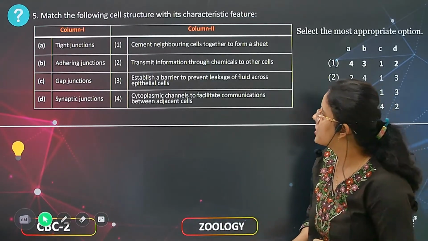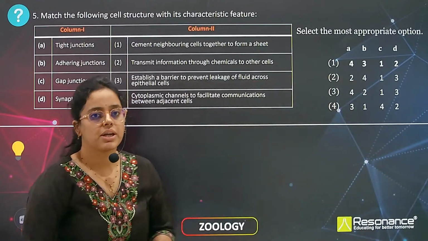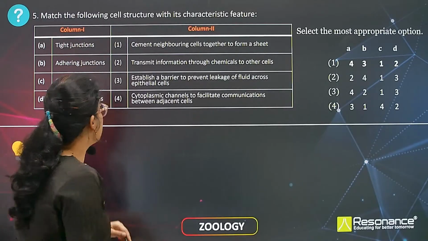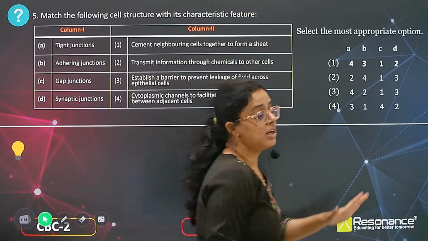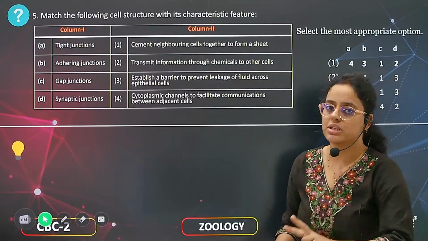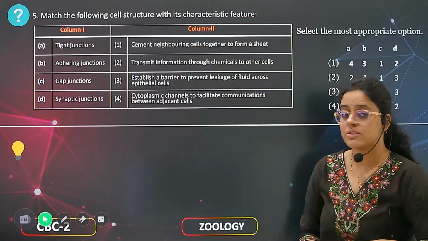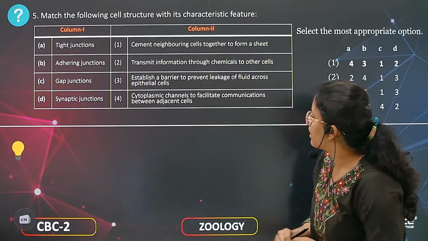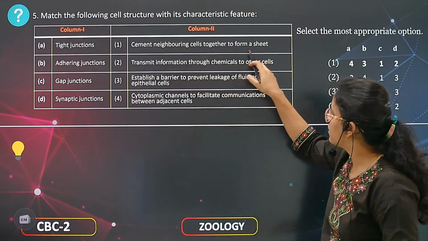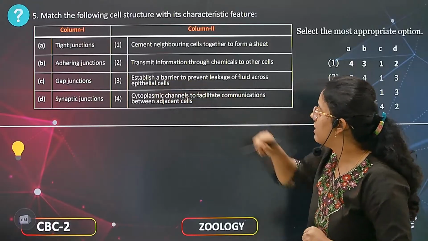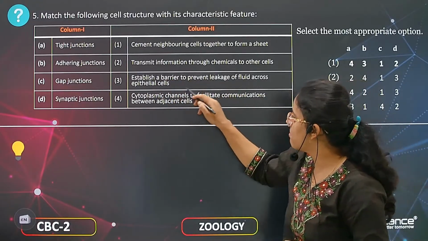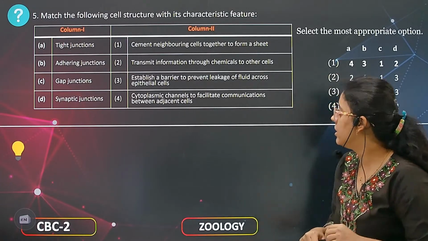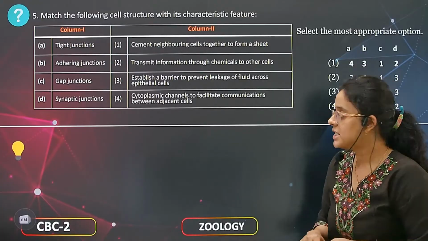Match the following cell structure with its characteristic features. Just now I have discussed tight junctions, adherens junctions, gap junctions, and synaptic junctions. Synaptic junctions are present between the nerve and muscle, or between nerves. The features are: cement neighboring cells together to form a sheet, transmit information through chemicals to other cells, establish a barrier to prevent leakage of fluid across epithelial cells, or cytoplasmic channels to facilitate communication between adjacent cells.